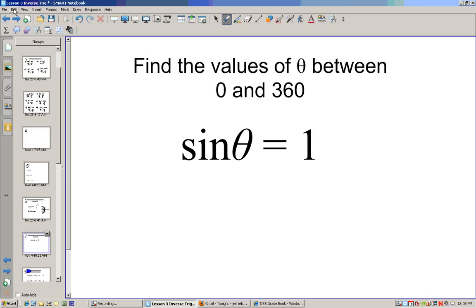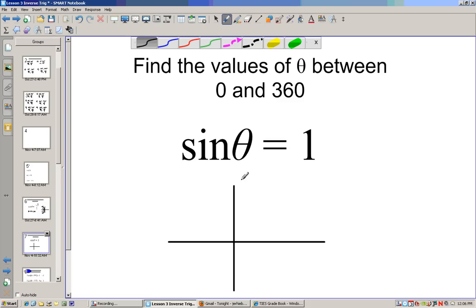And another example, if I have where does sine of theta equal 1? Well, there's a few ways that we can look at this. Sine of theta equals 1 when the opposite is the same as the hypotenuse.